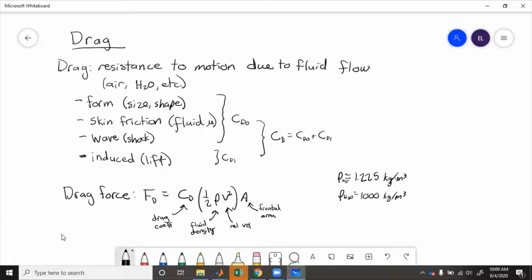So as an example, let's say we have a truck. The truck has some wheels on the bottom. It's got the front, and then it's got the windshield here.